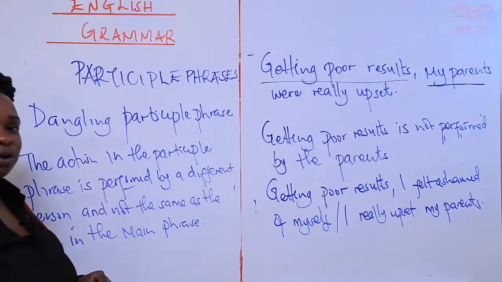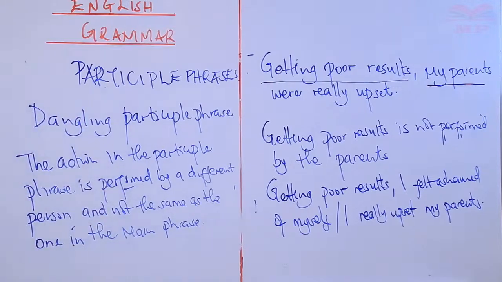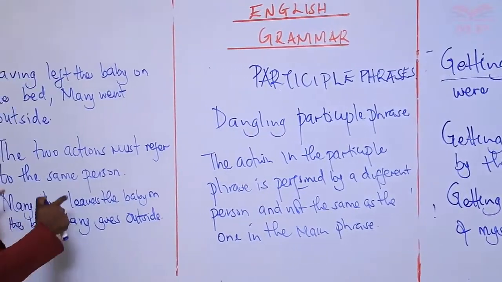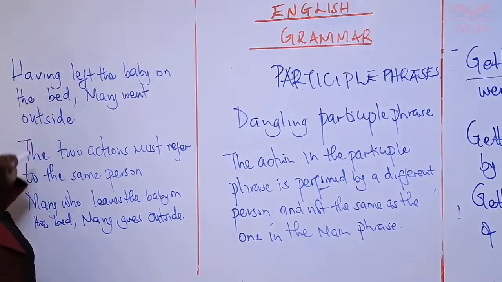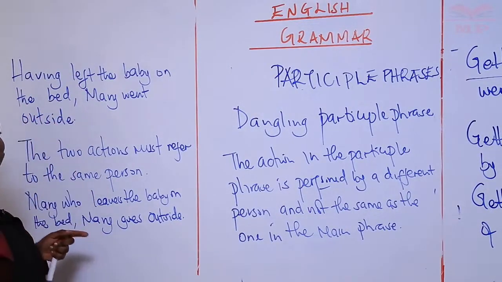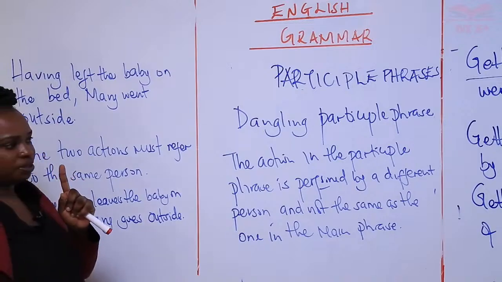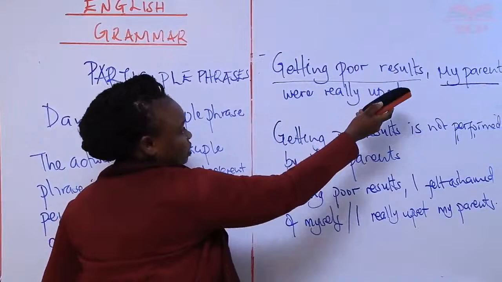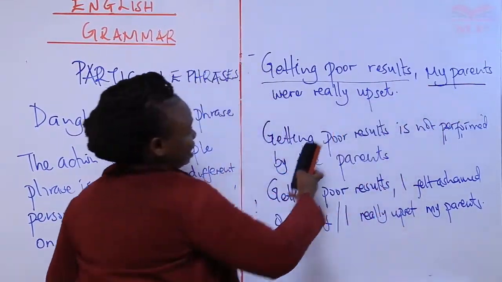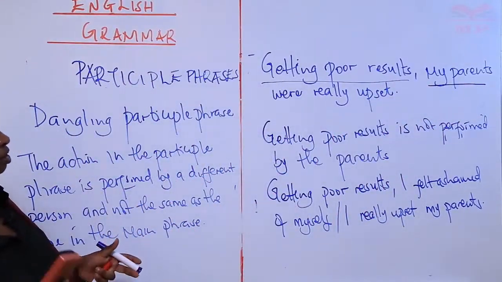The dangling participle phrase. Remember we said that the two actions must refer to the same person. The action in the participle phrase and the action in the main sentence must refer to the same person. All right? Now, here, the idea is that this action is not performed by my parents. That's why it looks like a dangling participle phrase.